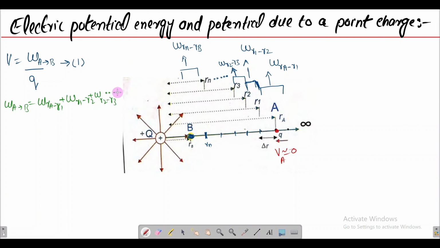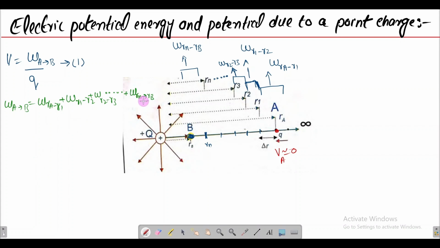And in this way, we take a large number of steps until we reach the last step. For this last step, the work done is written as the work done from Rn to Rb. So this is the work done from A to B.